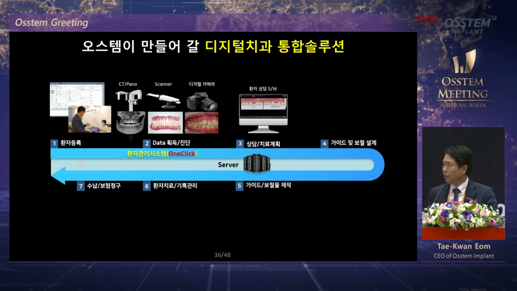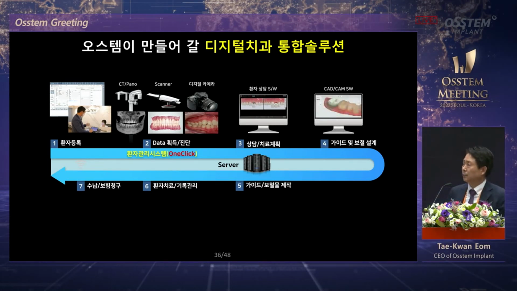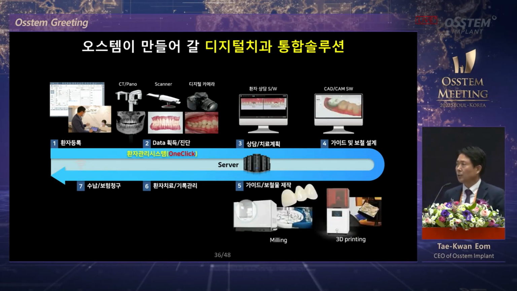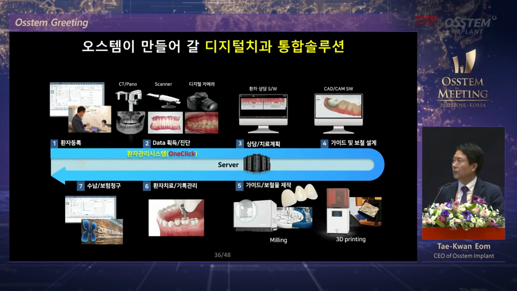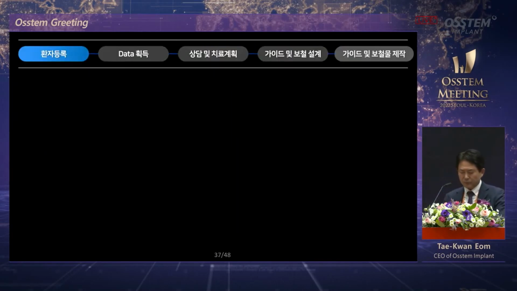And patient communication software is all linked in the PMS, CAD/CAM software, 3D printing, billing, and the patient treatment record control, and insurance claim, cashier. All these functions are linked.